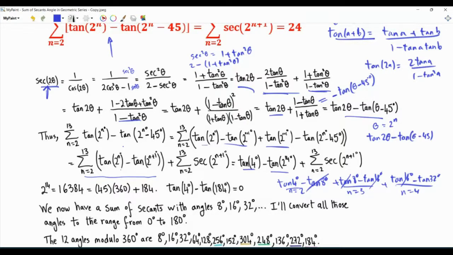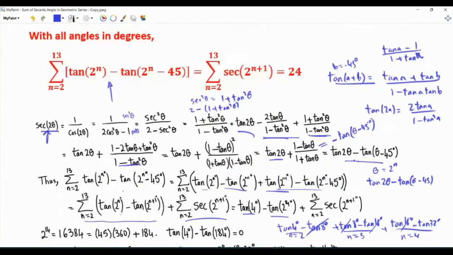The first telescopic sum will give us 0, and the second sum, rather than being written like this, we can use this identity and rewrite it as summation n from 2 to 13 of sec 2 to the n plus 1 degrees. So these two sides are now equal, and what is left is to show that this summation is equal to 24.